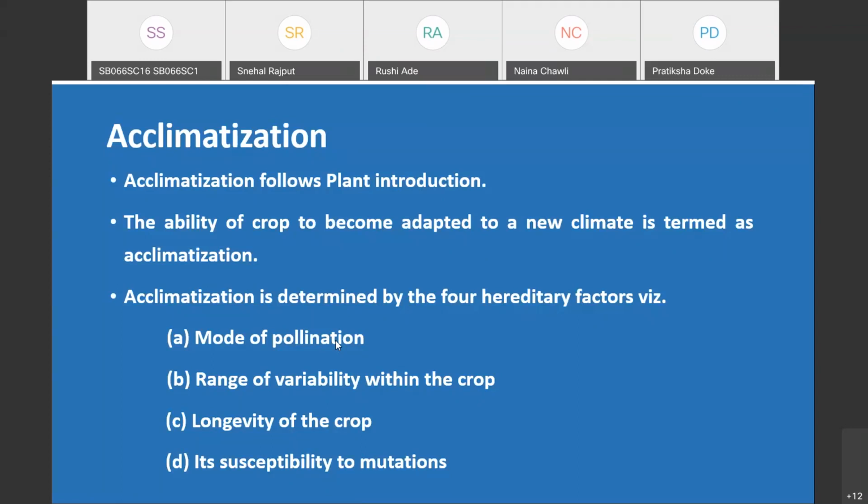After plant introduction, the ability of that plant or group of plants to become adjusted to the new environmental condition is called acclimatization. It is determined by four hereditary factors, namely mode of pollination, range of variability within the crop, longevity of the crop, and lastly its susceptibility to mutation.